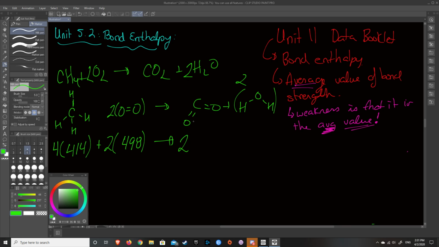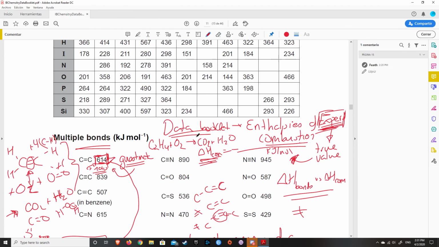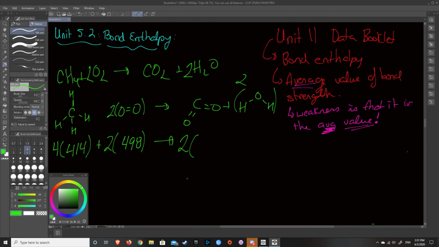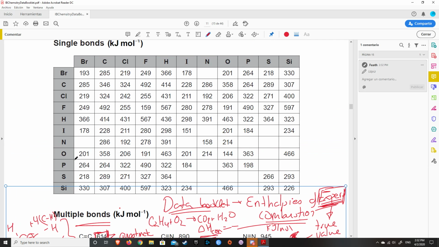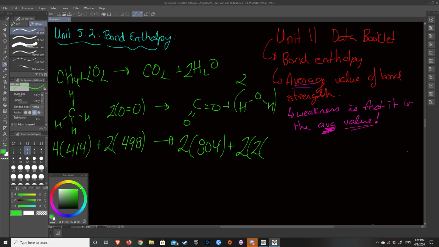This reacts to form 2 carbon-oxygen double bonds, at 804, so 2 times 804, plus 2 times 2 oxygen-hydrogen bonds. The oxygen-hydrogen bond is 463, so 2 times 2 times 463. So then we can calculate this.